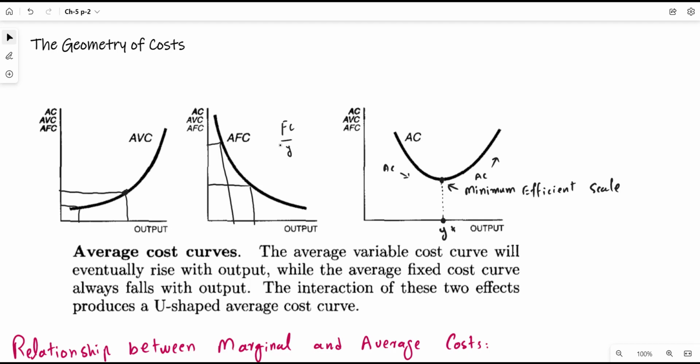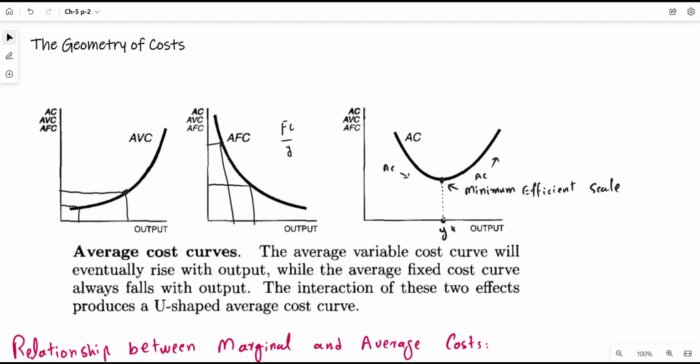Since output is in the denominator and the numerator is constant, if you increase the denominator, overall this value would go down, right? So that's why as much as your output level increases, average fixed cost decreases. So per unit fixed cost goes down as you increase your output level.